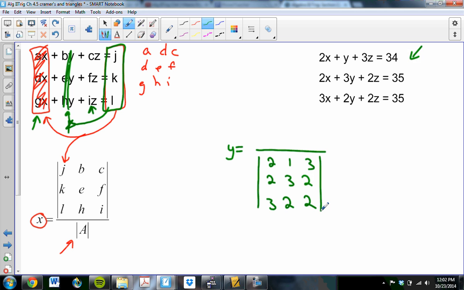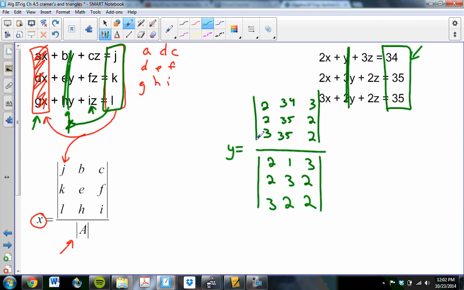It's just those coefficients inside that box. My top determinant is going to replace the y column with this column. So I still have 2, 2, 3 for my x's, and 3, 2, 2 for my z's, but the y's become 34, 35, 35.